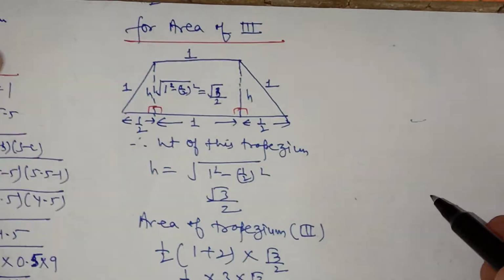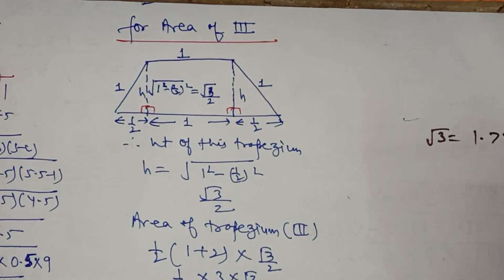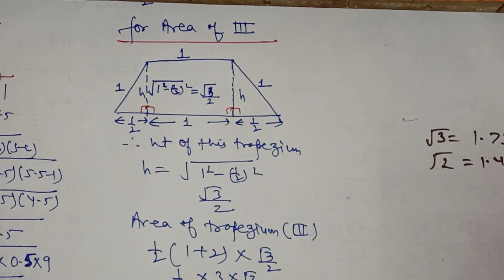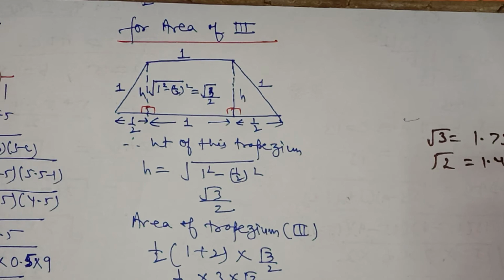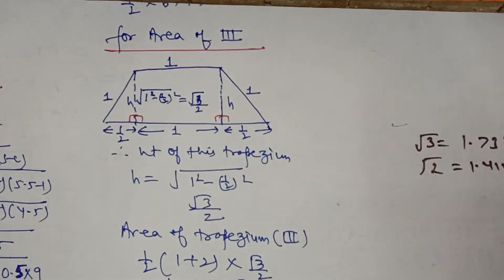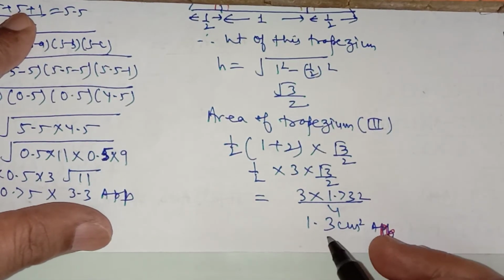Root 3 is equal to 1.732 and root 2 is equal to 1.414 approximately. So this is the area of trapezium, which is 1.3 centimeter square.